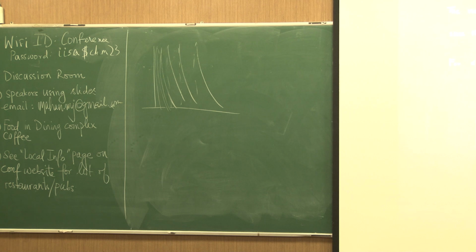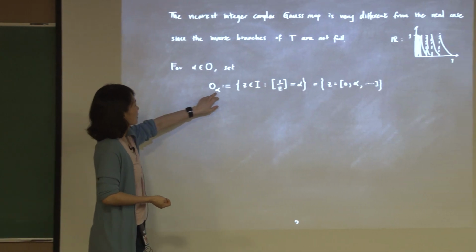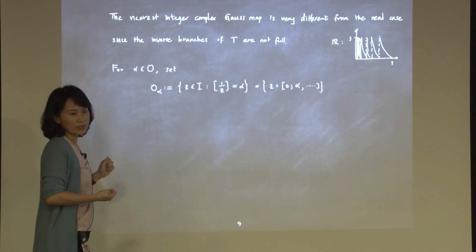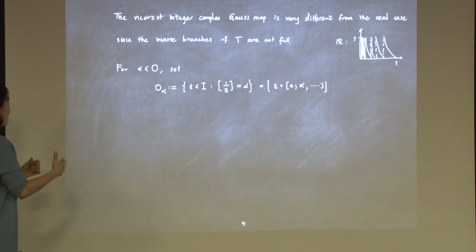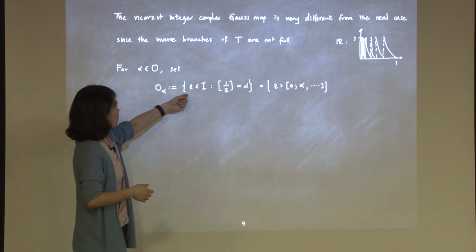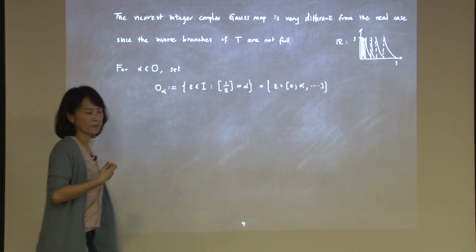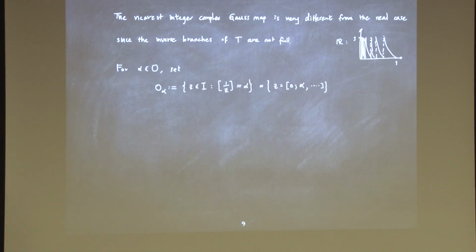If you're given an integer alpha in Z adjoin i, O of alpha gathers all the elements, where I is the fundamental domain that we had, the rectangle or the square. You look at all the numbers whose continued fraction expansion starts with alpha. This O alpha is not everything.